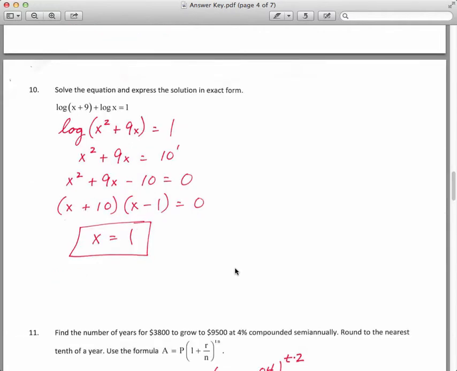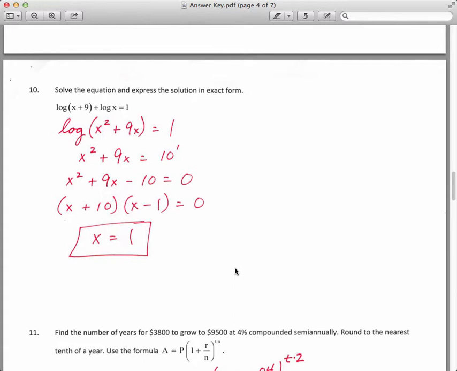Okay, here is problem number 10, and we use our property of logarithms that says when we have the log of A plus the log of B, we can put that together into the product of A times B. So the log of A times B. So x times x plus 9 is x squared plus 9x.